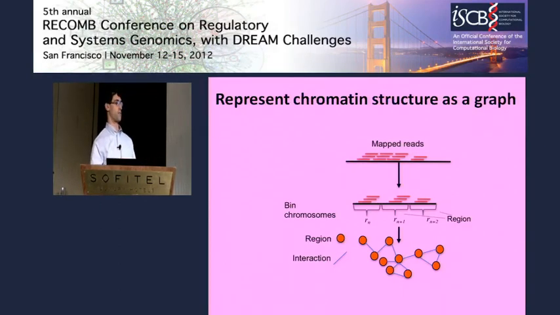In our study, we used 350,000. And then we count the number of interactions, so the number of reads between each of those regions. And then we apply some statistical techniques. And based upon that, we can get this graph out at the end where the nodes represent all of the loci, or all of the regions on the genome, and the edges between them represent a significant interaction in three-dimensional space.